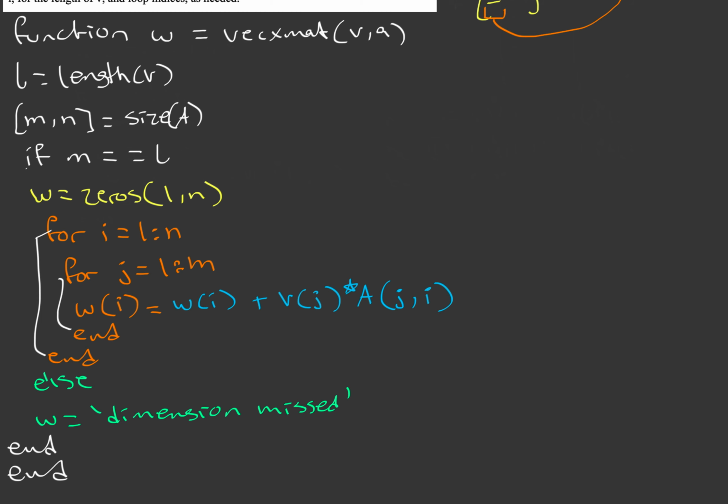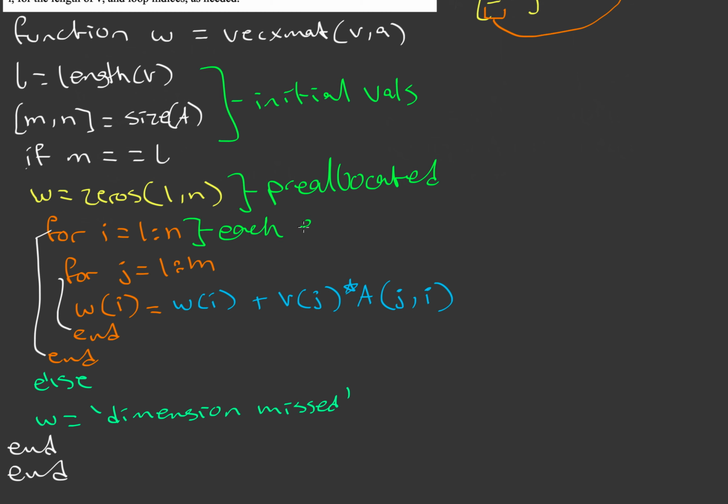So to reiterate what we just did, we had our initial values, and then after finding our initial values, we pre-allocated w in order to make this faster when computing. Then we created a running sum off of this w using this. So this is each element in w.